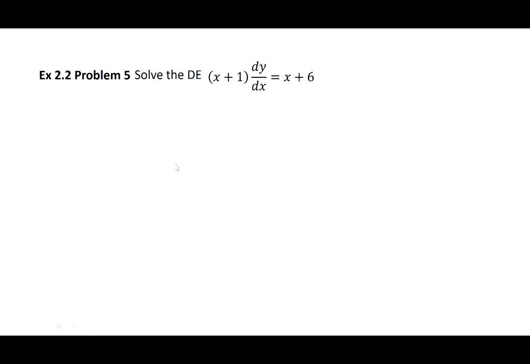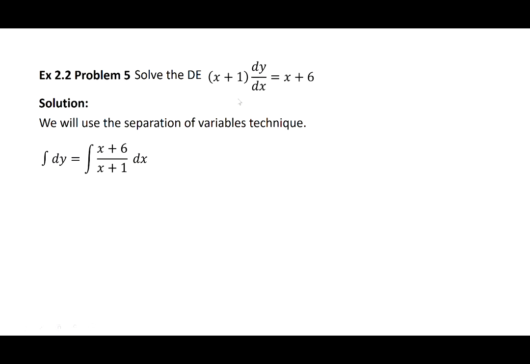Is this a first order differential equation? Yep. Can we solve this by separation of variables? Yep. Why? Well, the question is, can you separate all the y terms onto one side and the x terms onto the other side? Yeah, right? Can we divide both sides by x plus 1?